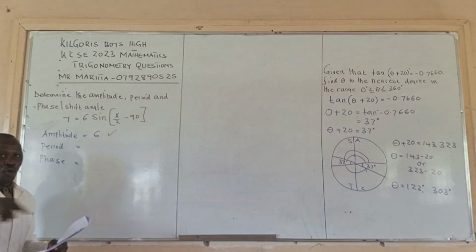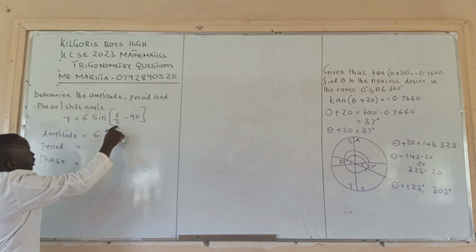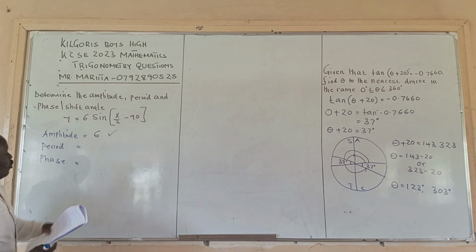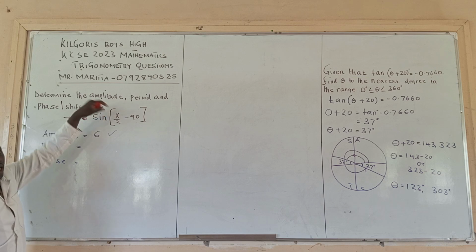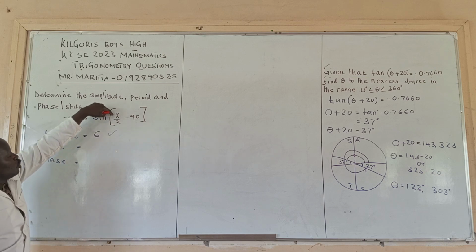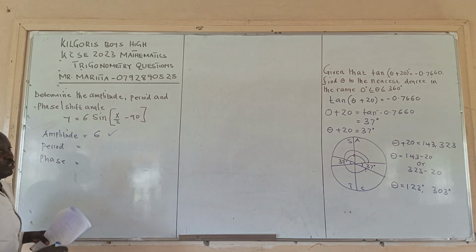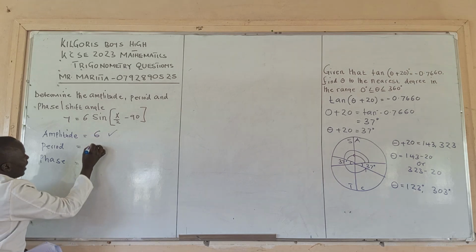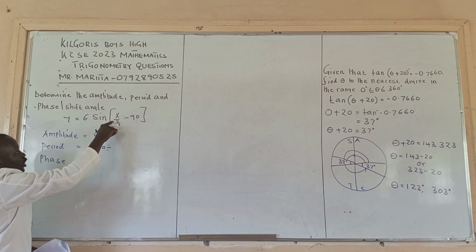Now, to get the period, check what you have inside the bracket. Inside the bracket, we have x all over 2 minus 90. Now you come here, the coefficient of x here is the same as 1 over 2 x. So in this case, you take 360 and you divide by the coefficient of x.